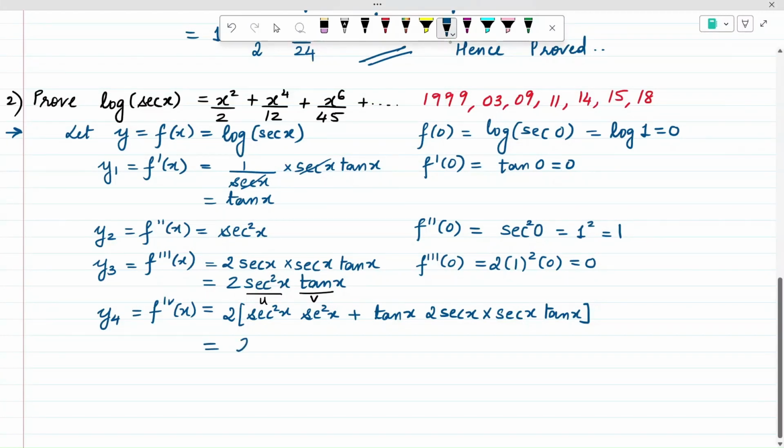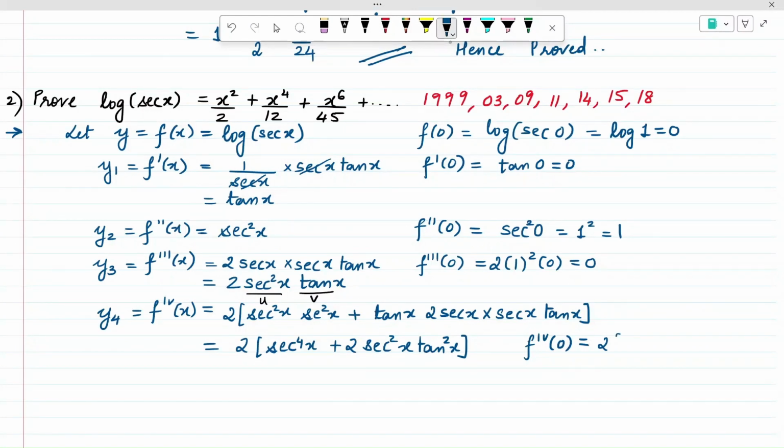On simplifying, I'll get 2 times sec raised to 4 x plus 2 times sec square x tan square x. I need to calculate the fourth order derivative at 0 for the Maclaurin series. So when I do that, I'll get 2 times 1 raised to 4 plus 2 times 1 square into tan 0 square. So I'm left with 2.